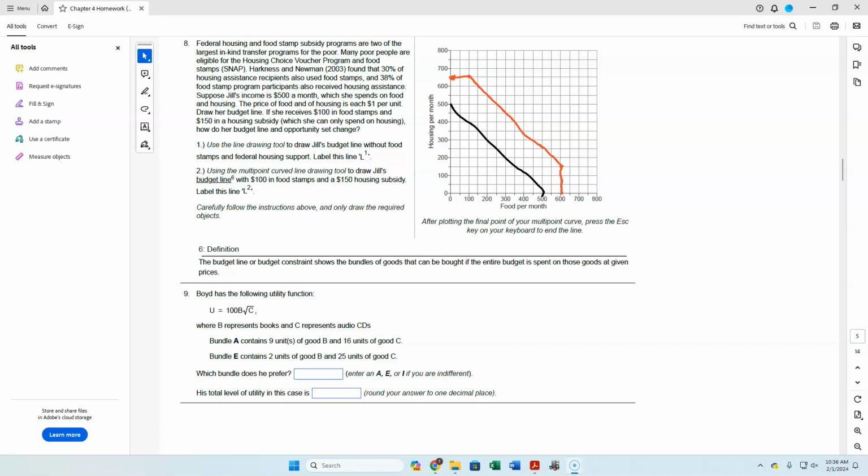Okay. Now, here we have a utility function, 100b square root of c. And we're given bundles A and E. Mine was a little different here. Let me see here, 9 and 16.